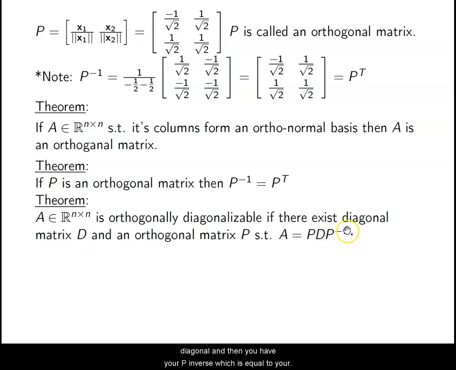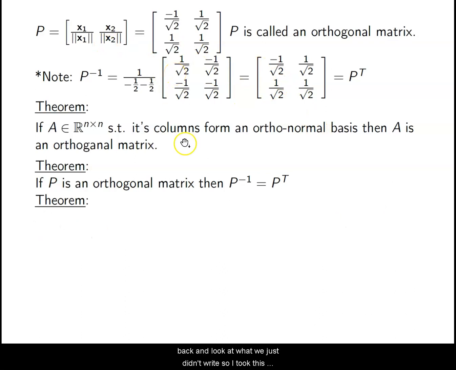And then you have your P inverse, which is equal to your P transpose, which is nice because when we were doing the P to P inverse before, we had to actually take the inverse. Now to find the P inverse, we just take the transpose, which is computationally a lot easier to do, right? Okay, so we pretty much already did an example. Let's go back and look at what we just did, right? So I took this symmetric matrix.